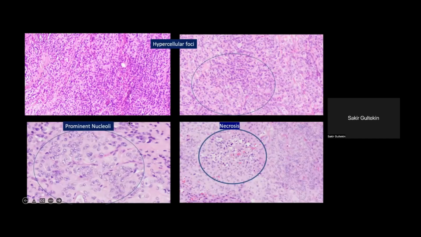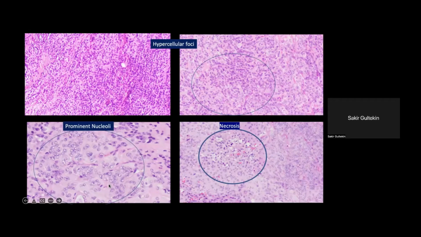So there are some features here that I'd like to show. First, at the top two slides, you can see some higher density cellularity areas, foci of hypercellularity. On the left lower picture, you see cells with more prominent nucleoli.